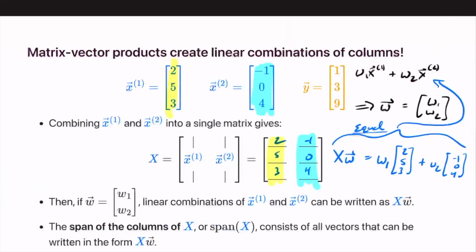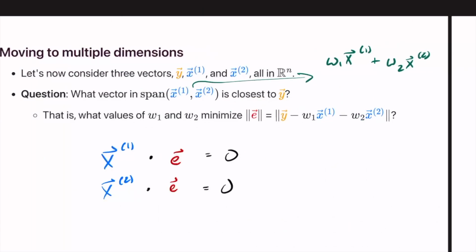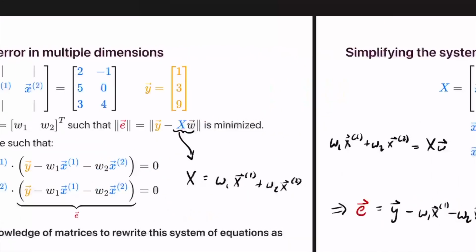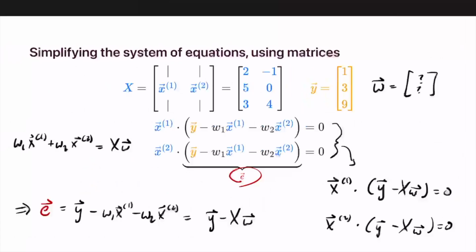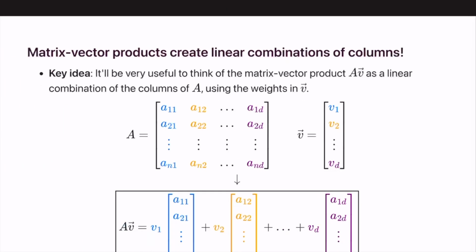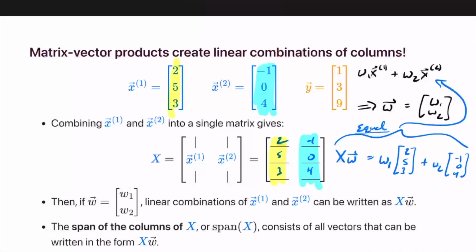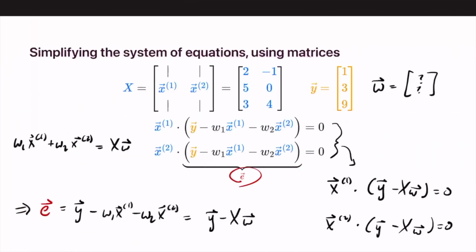Now the next step that we're going to take is going to ask us to consider the idea of using the dot product. So that was back over here, this matrix view of taking the dot product for vector v times some matrix. So this is how we're going to further simplify our equation.